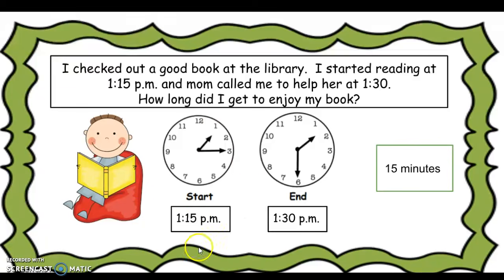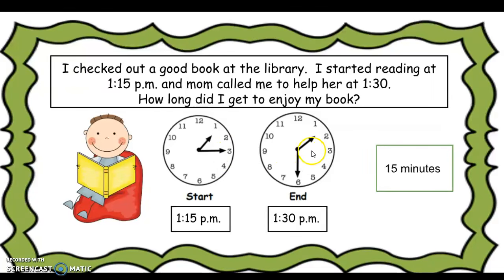I'm going to look at my start time here, 1:15, and sure enough, there are the hands on my clock, 1 and 15. My end time is 1:30. Now, I notice my hour hand here may have moved just a little bit, but it's still 1 o'clock. So no hours have passed. That means I'm going to change to my minute hand.